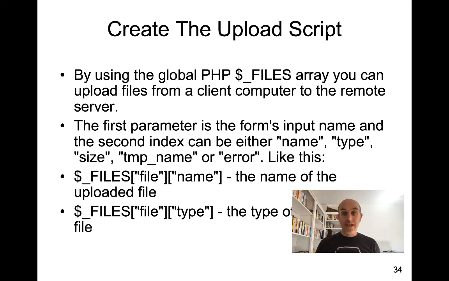By using the global PHP $_FILES array, files can be uploaded from a client computer to a remote server. The first thing you need to see is that the index can be name, type, size, temporary name, or error, and it will show something like that.